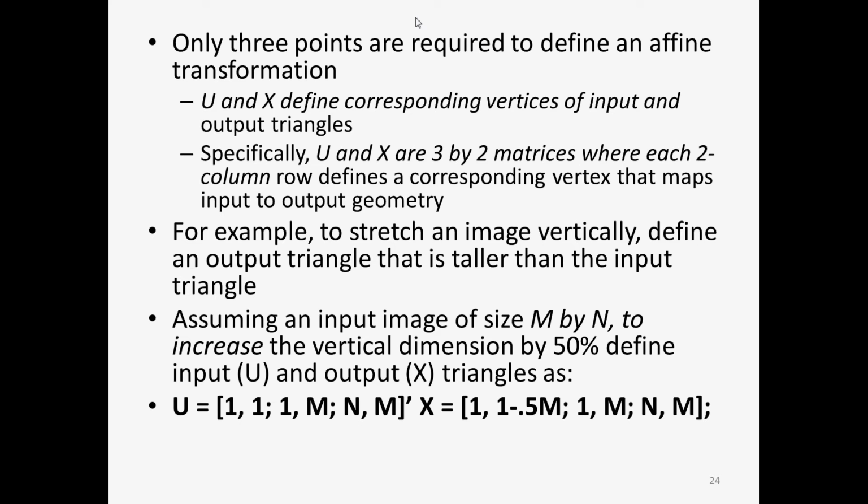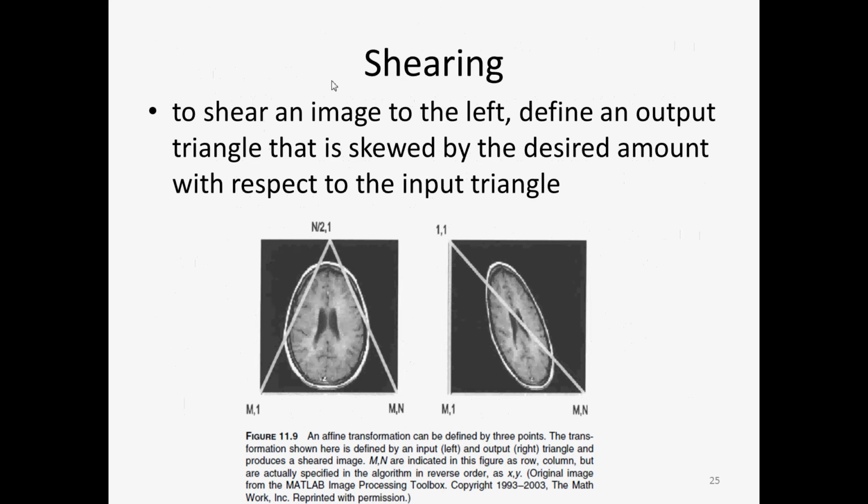You need a different number of points for a projective transformation. This is an example of shearing, and we're going to see it in a second with the code. You specify the input triangle, and you decide what the shifting of those points is, and you obtain a shearing of the image.